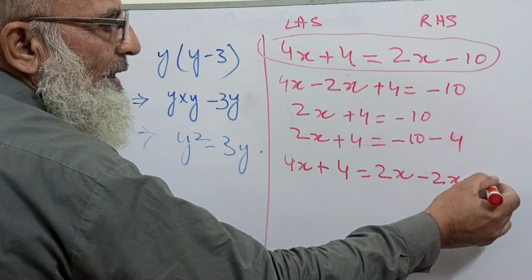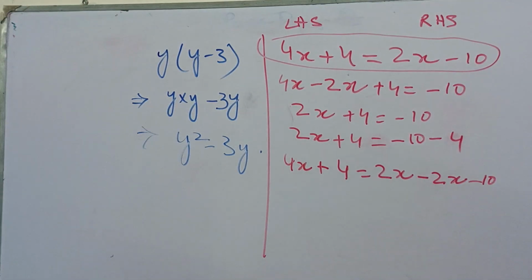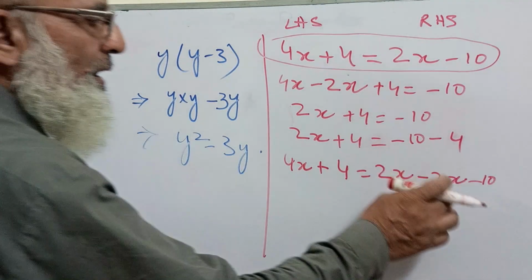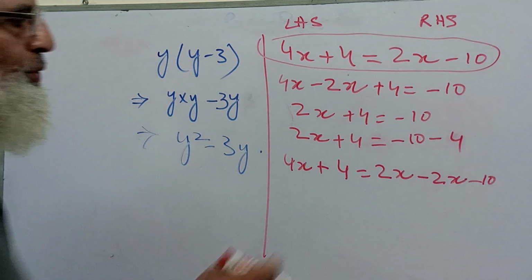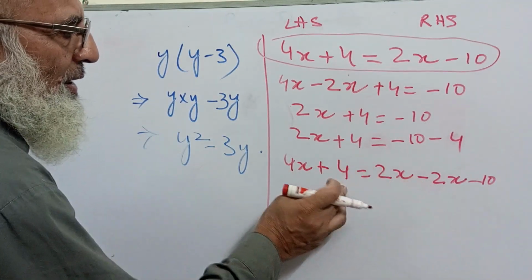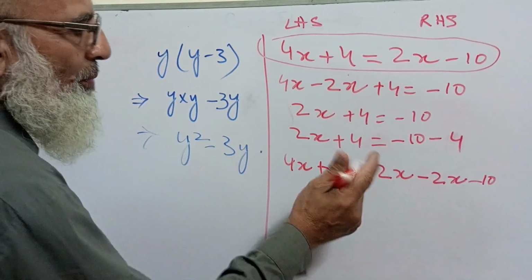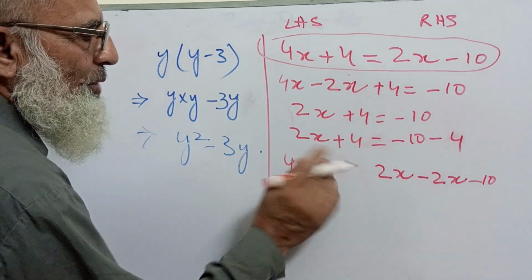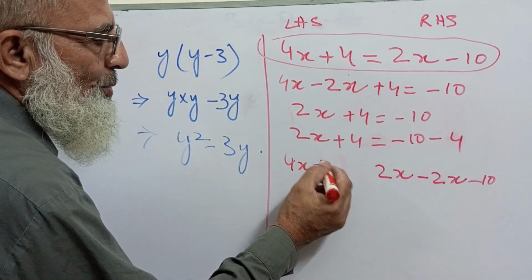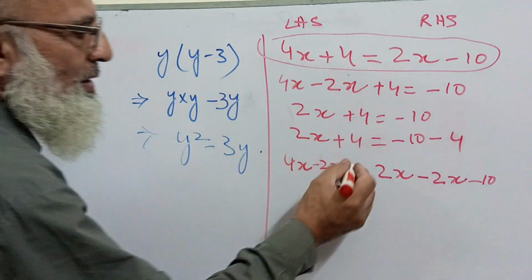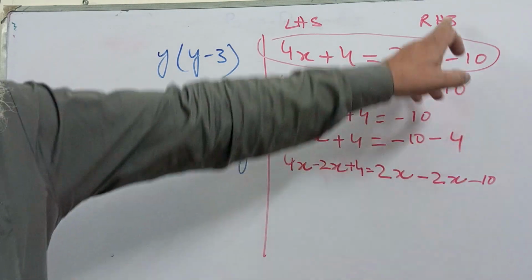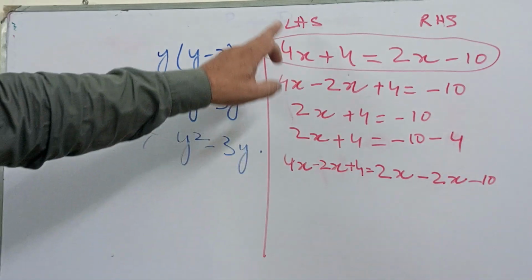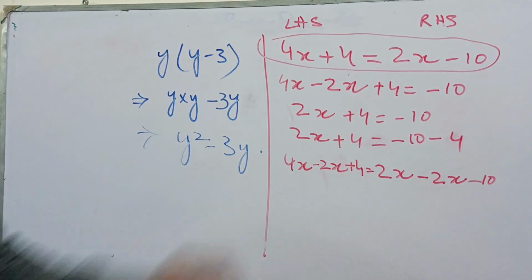Even if I write minus 10 over here, we have introduced minus 2x from our own side. So what will we do? Instead of doing it like this, we'll do minus 2x, and what was there, plus 4 is equal to. Now you see that what I subtracted from the right hand side, I also subtracted from the left hand side.